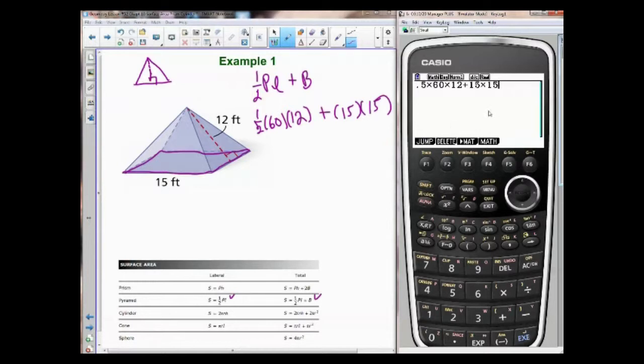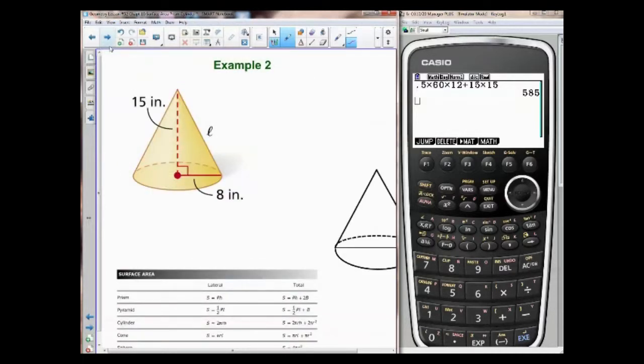They could get confused on order of operations, especially when we hit exponents. Casios, they're pretty smart. Boom, 585 square feet is the total area. And if I were to paint this thing, front, top, bottom, all that stuff, I would need 585 square feet of paint.